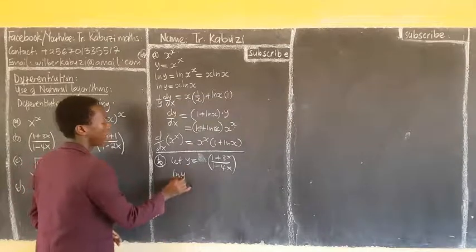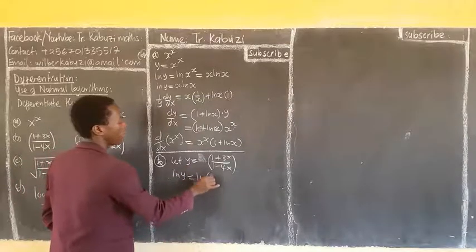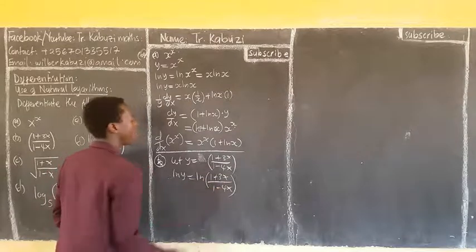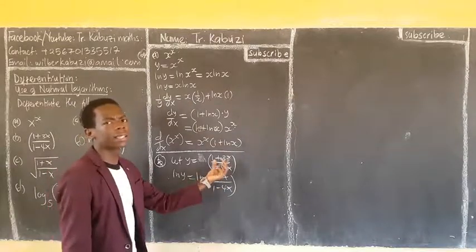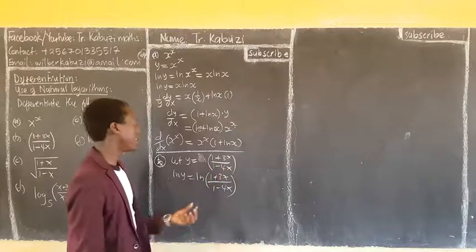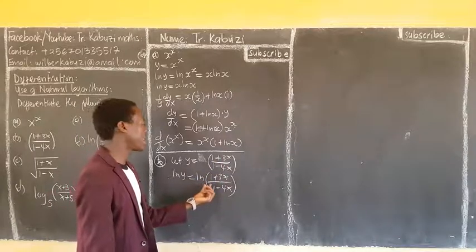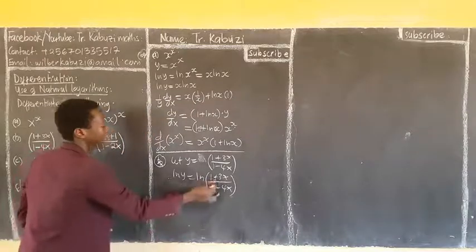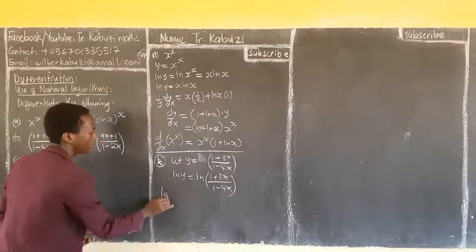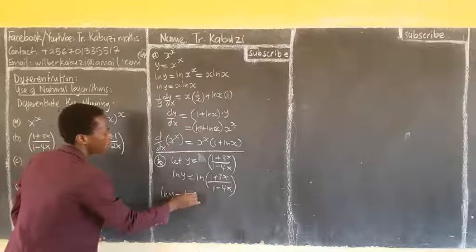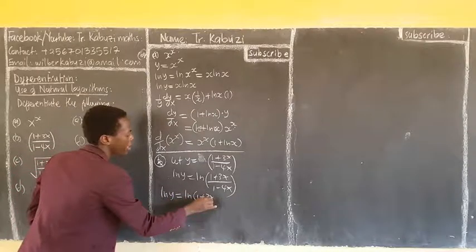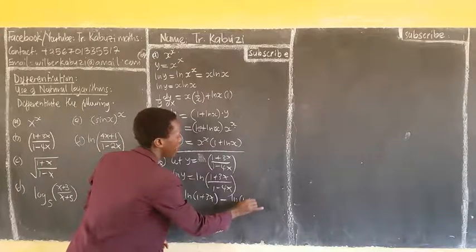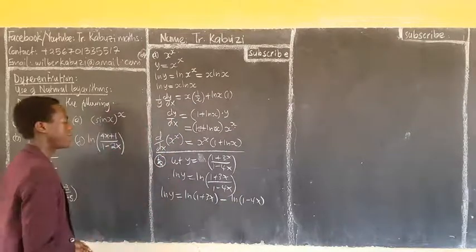So natural log of y will be natural log of 1 plus 3x over 1 minus 4x. Here, you can use the quotient rule, but it's a bit lengthy. That's why we introduce natural log, so that we can use the properties. If it's dividing, it's the same as subtracting. So natural log of y will be natural log of 1 plus 3x, minus natural log of the denominator, 1 minus 4x.